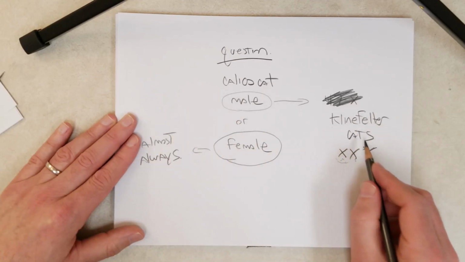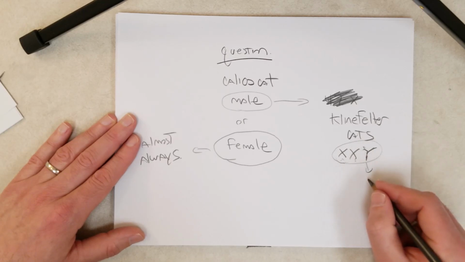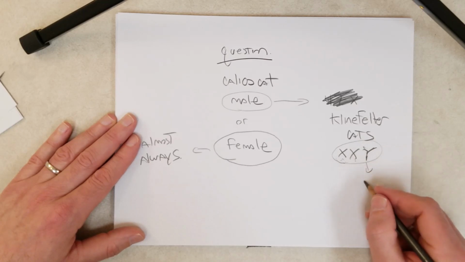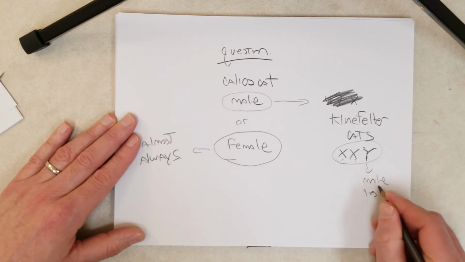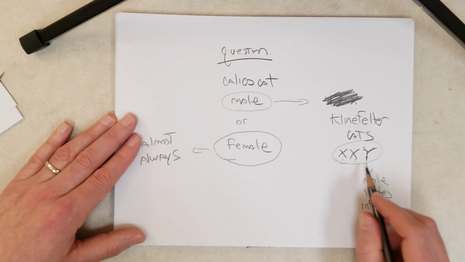But Klinefelter cats with 2 X chromosomes and a Y chromosome are, the sex is male, but the testes are non-functional, so infertile. They don't make functional sperm.